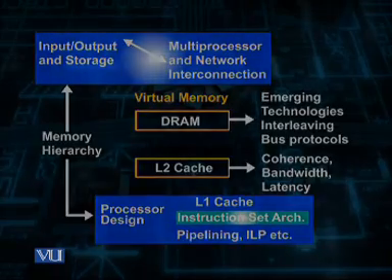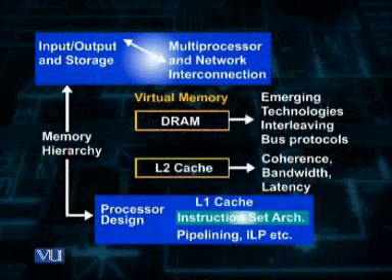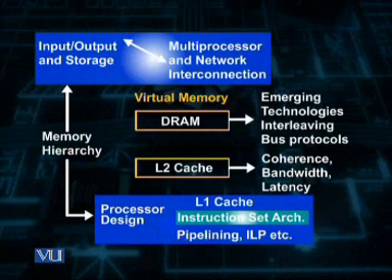However, at present in certain microprocessor architectures, people have started introducing level 2 cache also inside the microprocessor chip. Whereas the other level of the memory is the dynamic random access memory.